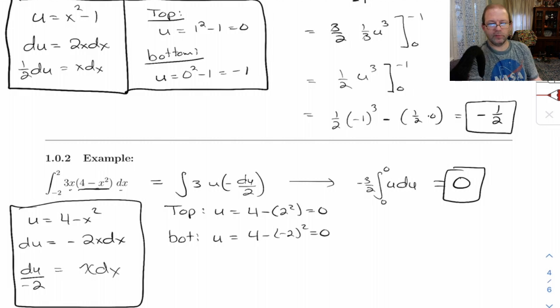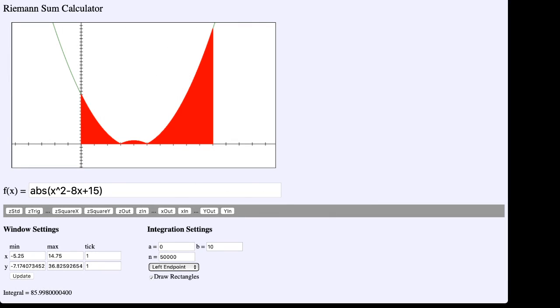And let's look at this one on my Riemann sum calculator just to see it. If we come over here and look at it, this is 3x times 4 minus x squared.